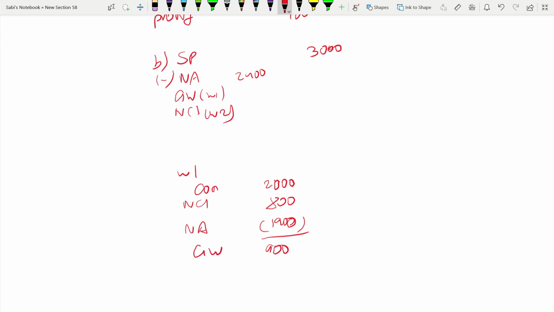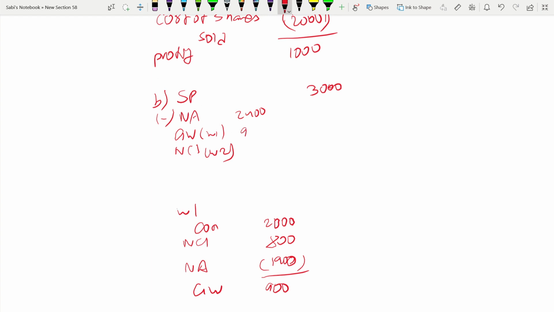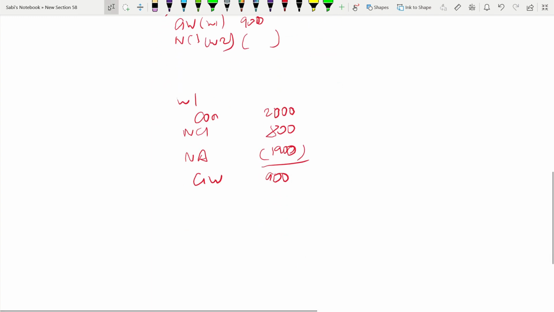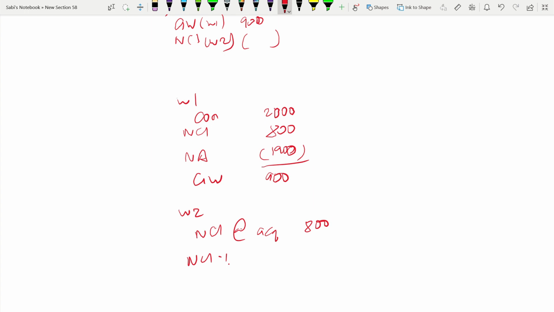This 900 only you have to take here. Then you deduct NCI. NCI you have to work out. NCI at acquisition was 800. Then add the NCI percentage of post-acquisition profit.